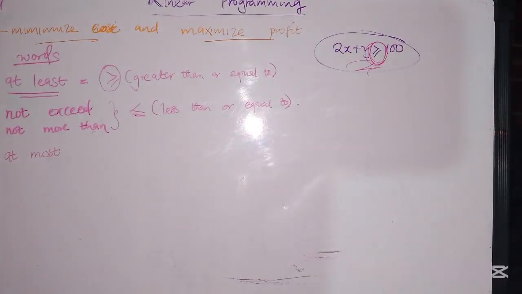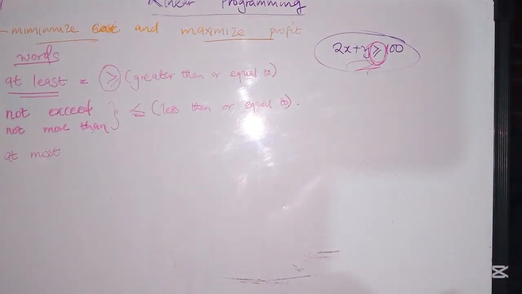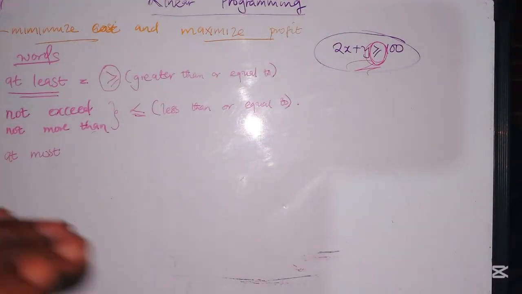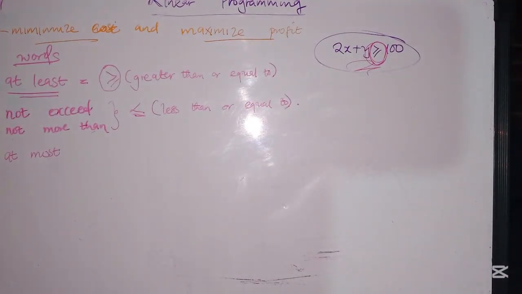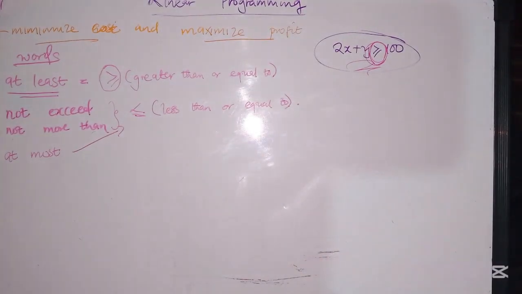Yeah. So whenever we are talking about at most, it basically means the same as should not exceed, should not be more than. So again, at most is the same as less than or equal to.